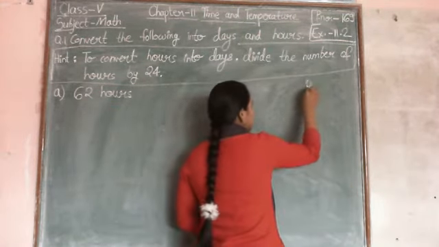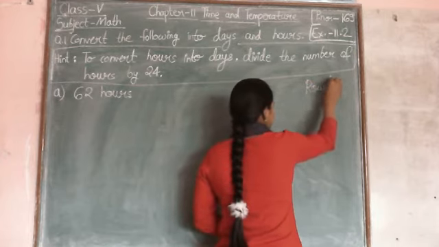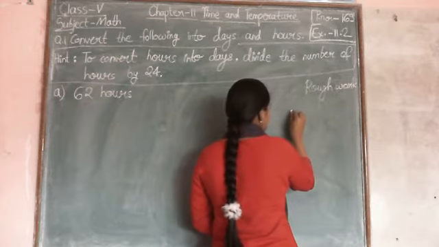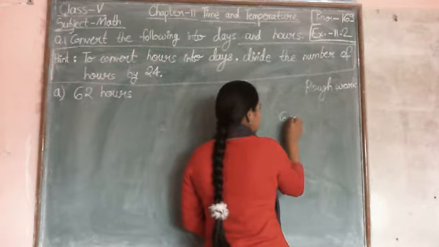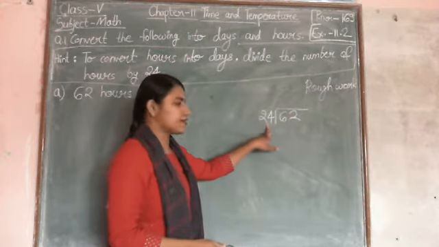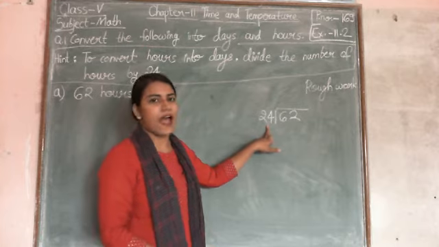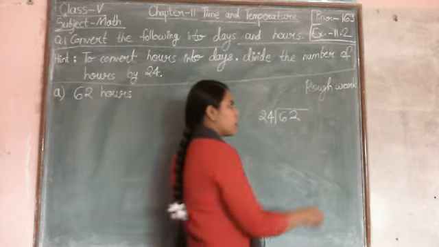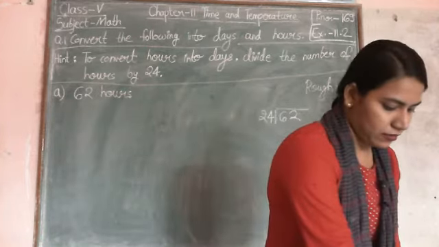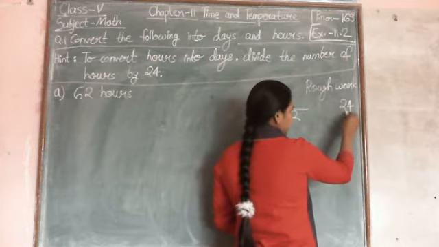So in rough work, I will divide 62 by 24. As my divisor here is 24, I will require the table of 24 to solve this division, so I am writing the table of 24 here.